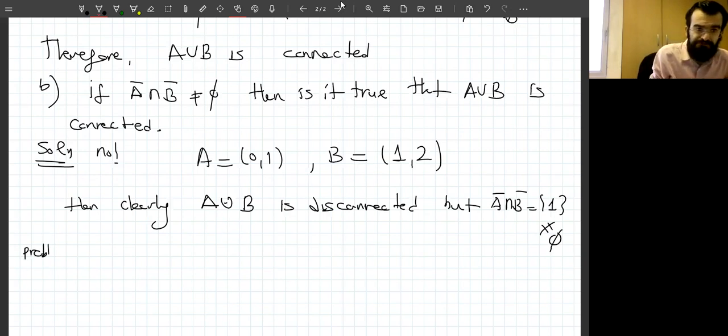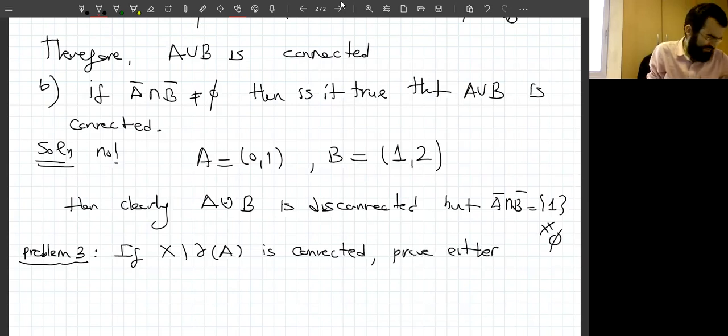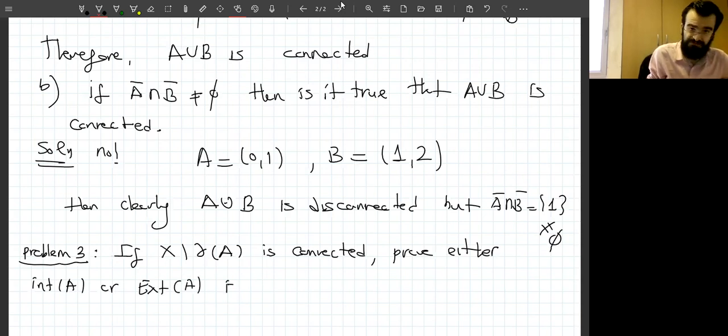Problem 3. If X minus the boundary of A is connected, prove either interior A or exterior A is empty.